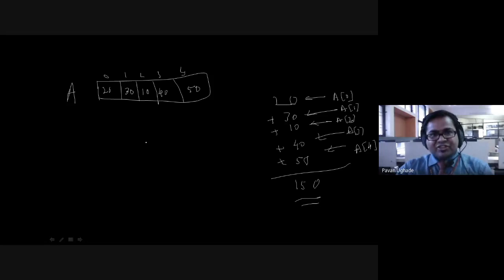And for addition also, to access them one by one we require any for loop or while loop, any looping statement. A of 0, A of 1, A of 2, nothing but A of I, because to use this index we will be using an index variable. Generally we will be considering I as an index variable.